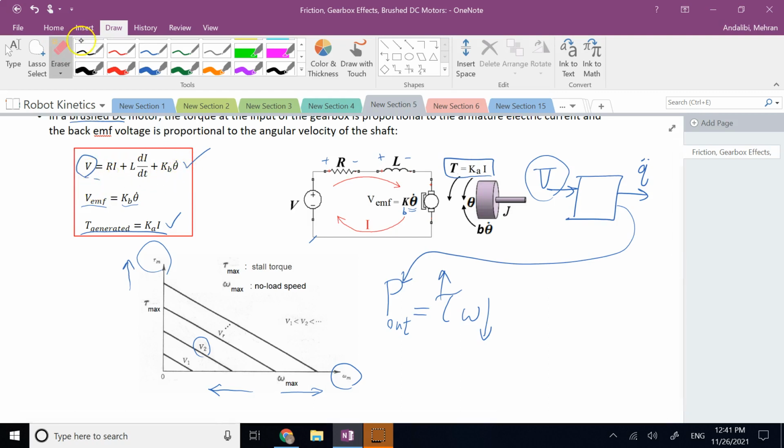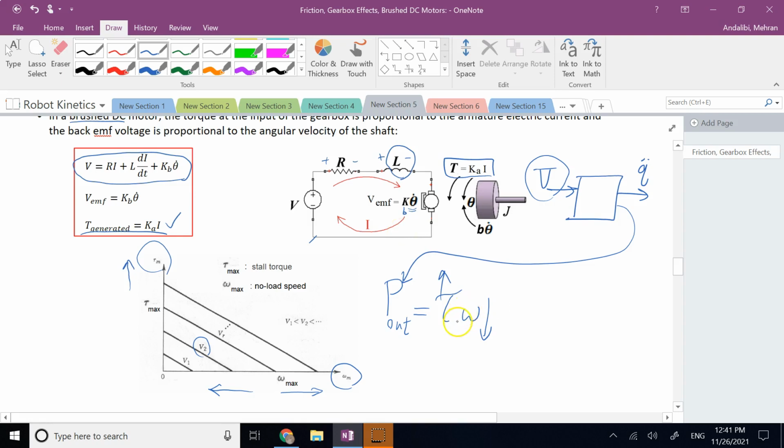If you look at the equation of the electric circuit here, we can also see this relation. How? Well, in most of the circuits, this inductance amount in the circuit is very, very small compared to R, compared to anything else.